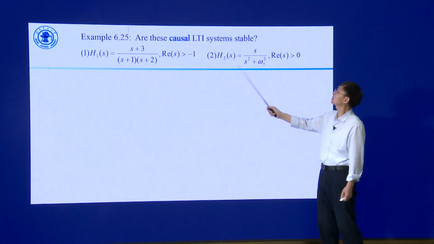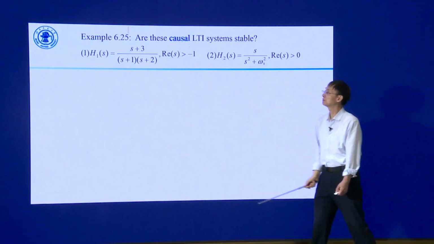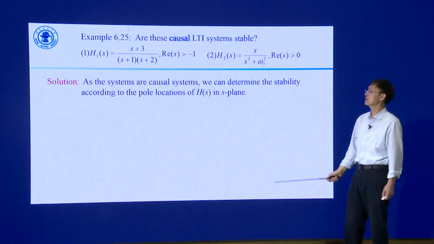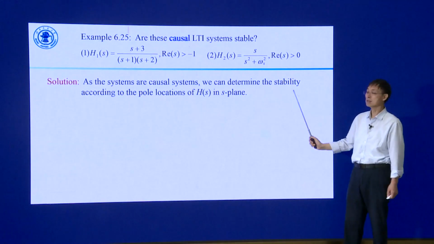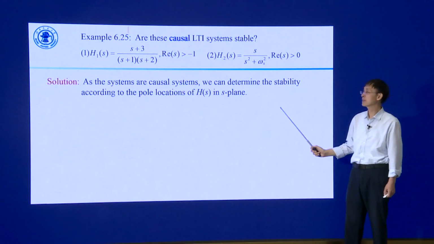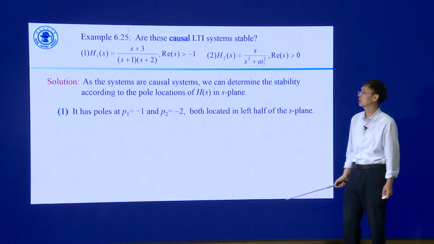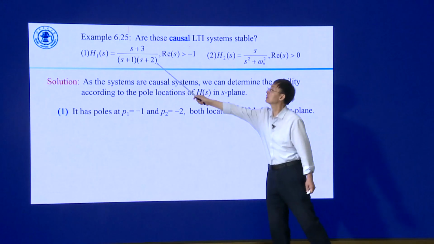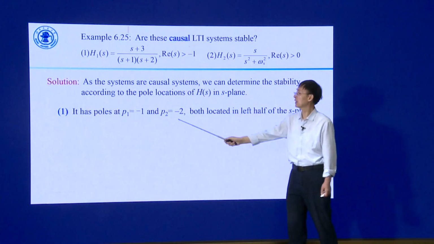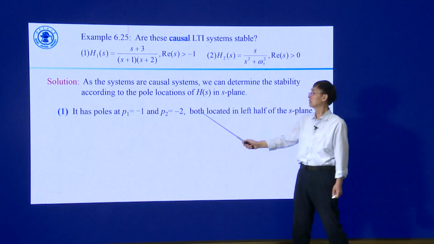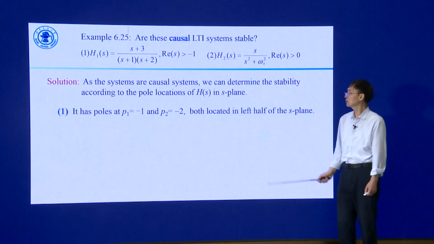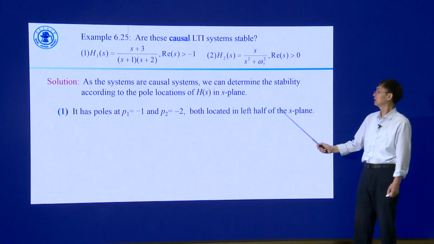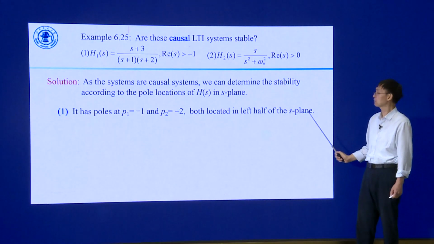To determine the stability for these systems, as they are causal systems, we can determine the stability according to the pole locations of H(s) in the S-plane. For this transfer function, it has poles at P1 equals -1 and P2 equals -2, both located in the left half of the S-plane.